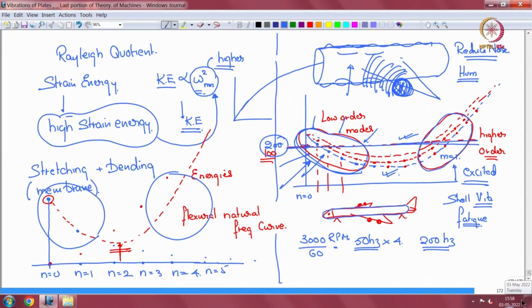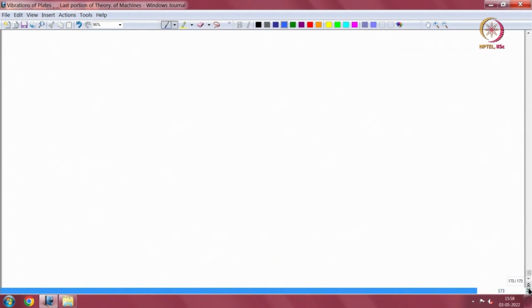Okay. So now we have to look at the response to a point force. So we are going to do it modally using modal summation. So we said there are two sets of modes.